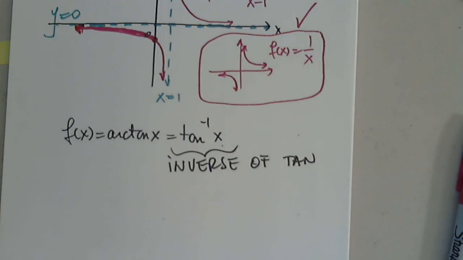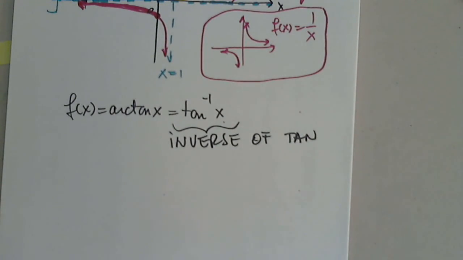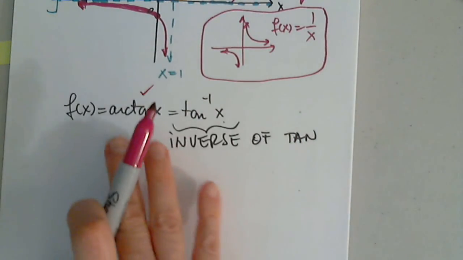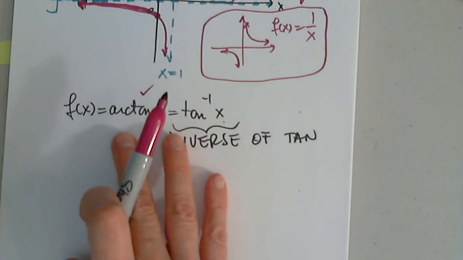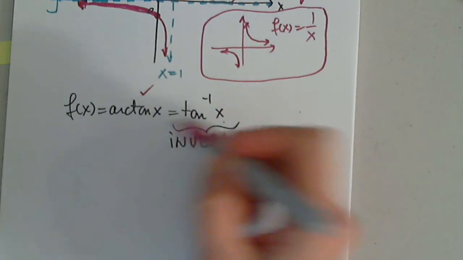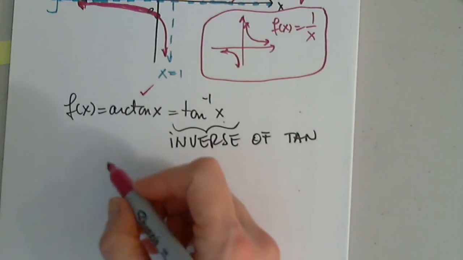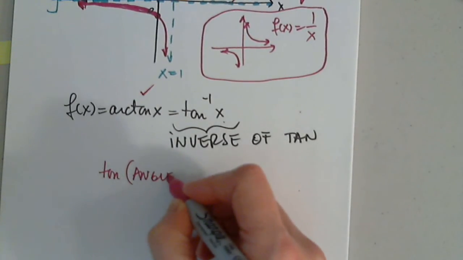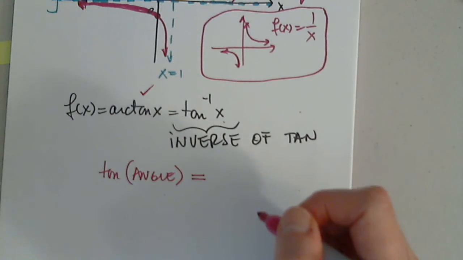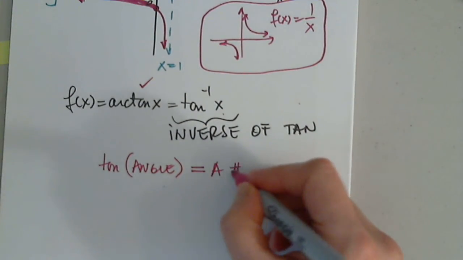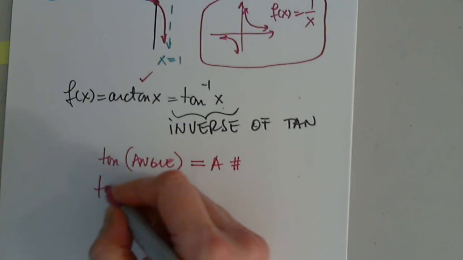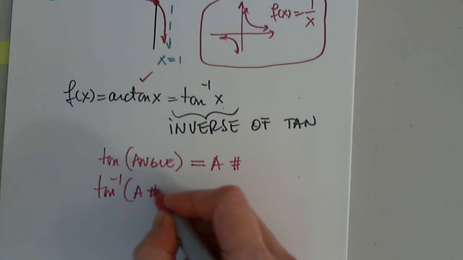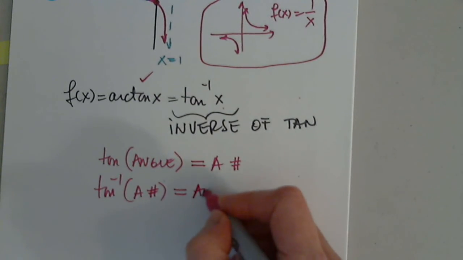So let's come back here for a second. Arctangent, it's always easier for me to write than this, especially when I type. So it doesn't matter. They are the same. Tangent is applied to an angle and gives us the output, a number. But tangent inverse is applied to a number and returns an angle.